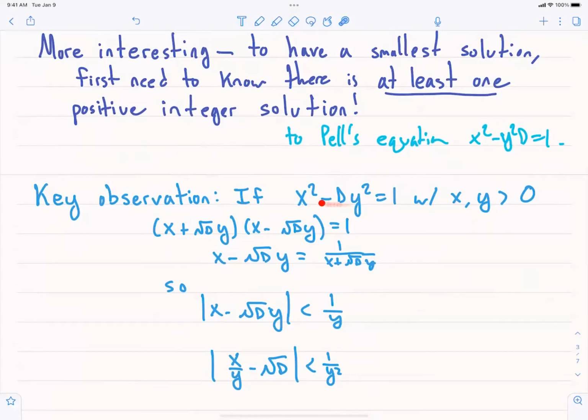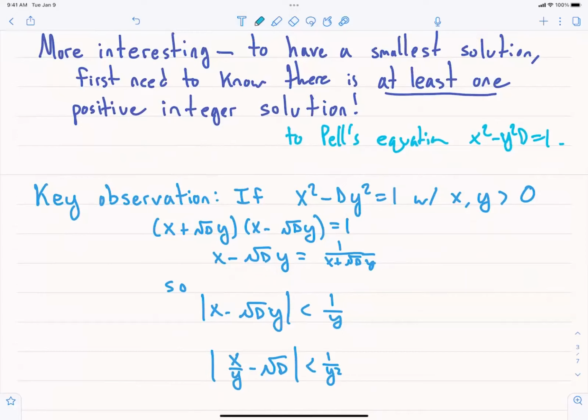Well, let me just rewrite this as the norm of the element x plus square root of d times y, which is x plus square root of d times y, times x minus square root of d times y. That's equal to 1. And so in particular, x minus the square root of d times y is 1 over x plus the square root of d times y.